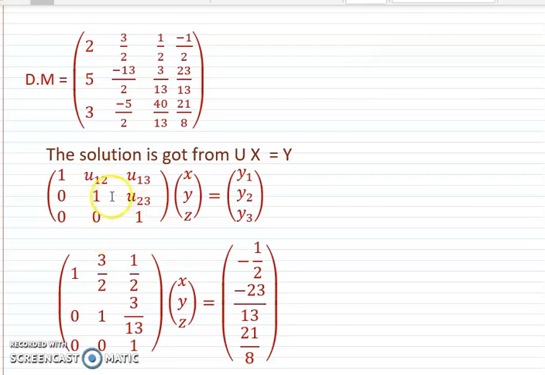Finally, we substitute the values U12, U13 and U23 in the first matrix, that is 3 by 2, 1 by 2, minus 1 by 2, and then 3 by 13.